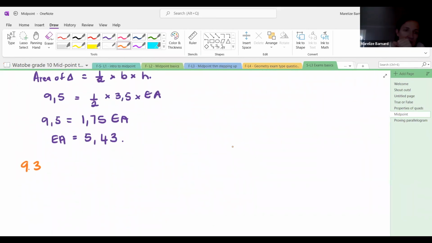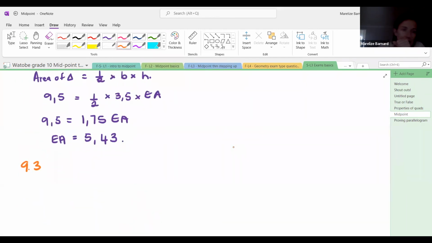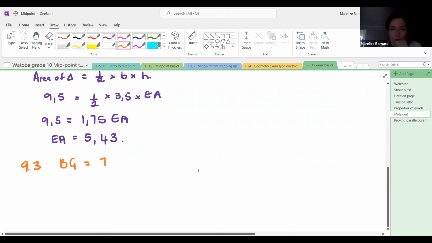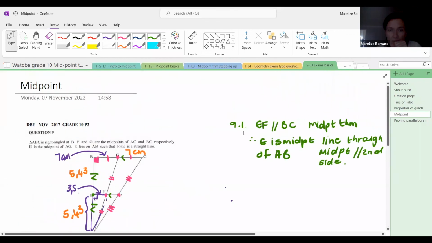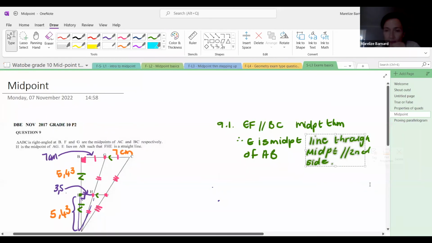We need to start by saying BG is equal to 7. And that was because of the midpoint theorem, or line through midpoint parallel to second side. I'm going to be very lazy and just copy it from here.